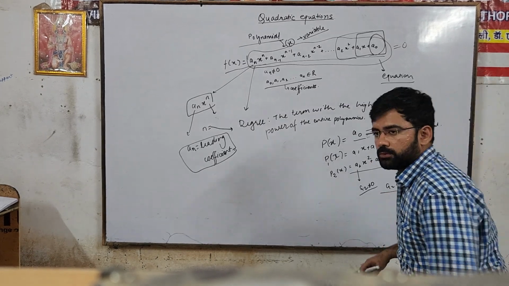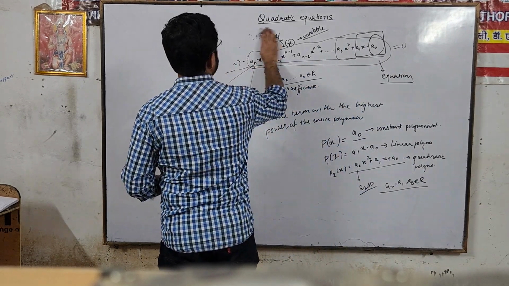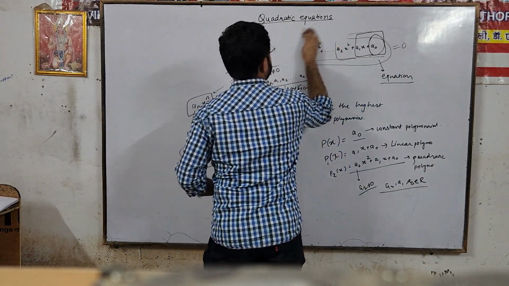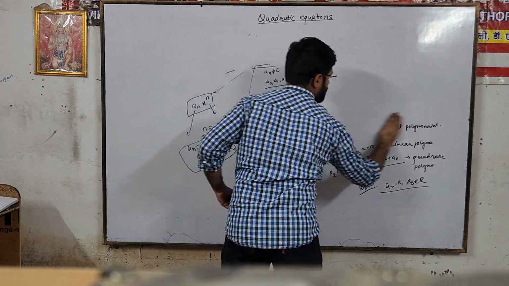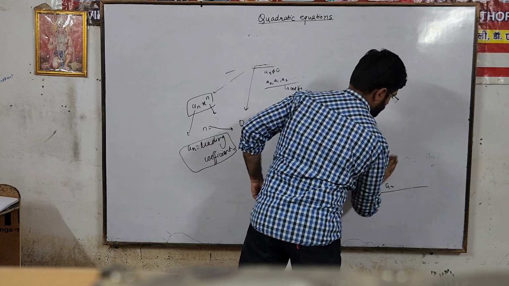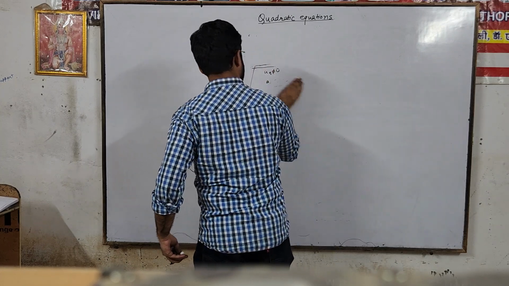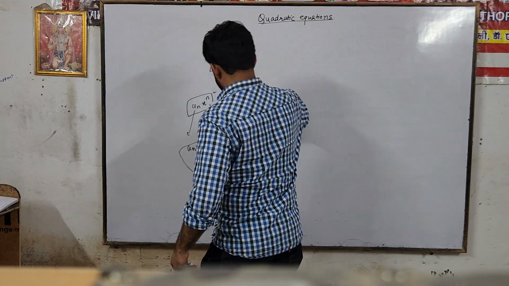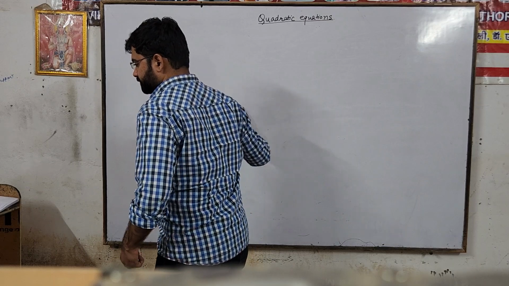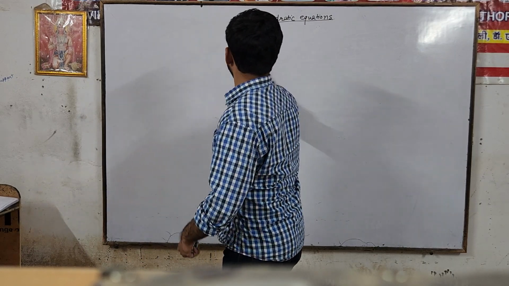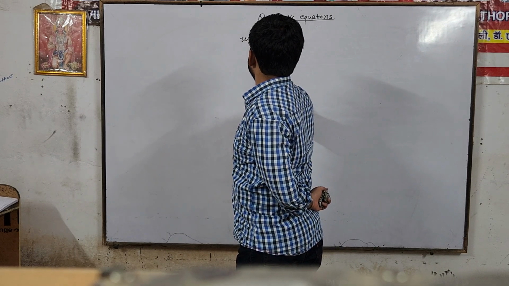Let me just erase this before I start. Let us now start with zeros of a polynomial.